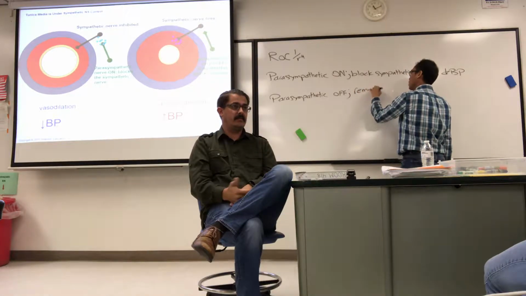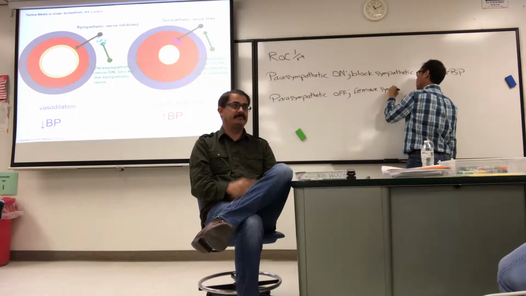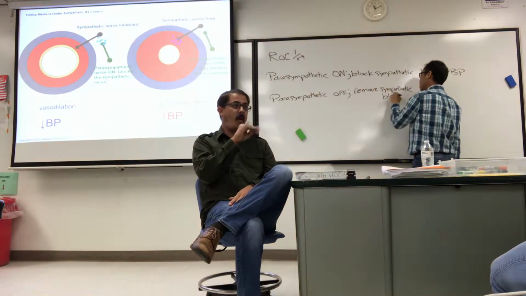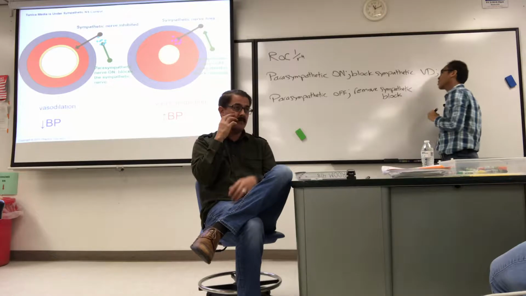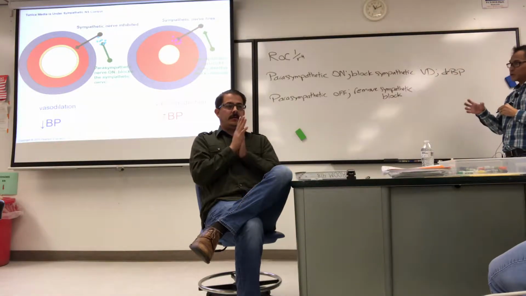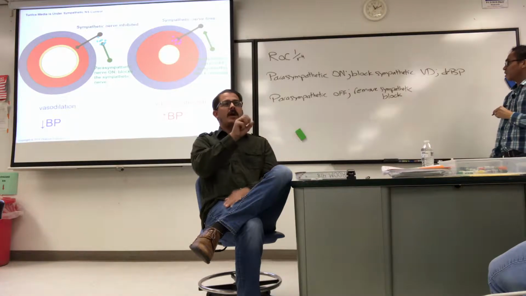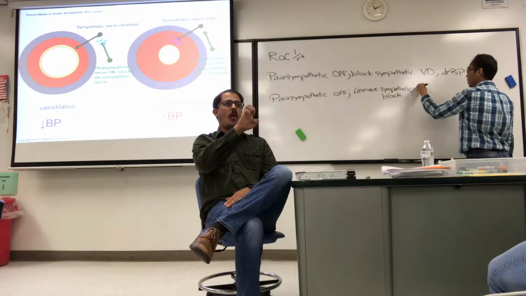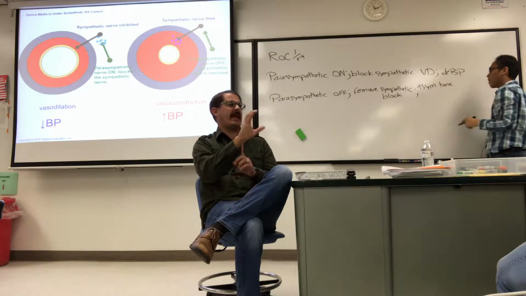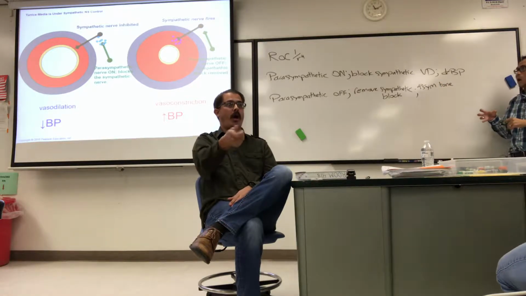Remove sympathetic block. So you're going to increase that sympathetic tone, as we like to call it. Increase SYM tone. It's like a volume knob. You're just turning it on louder.